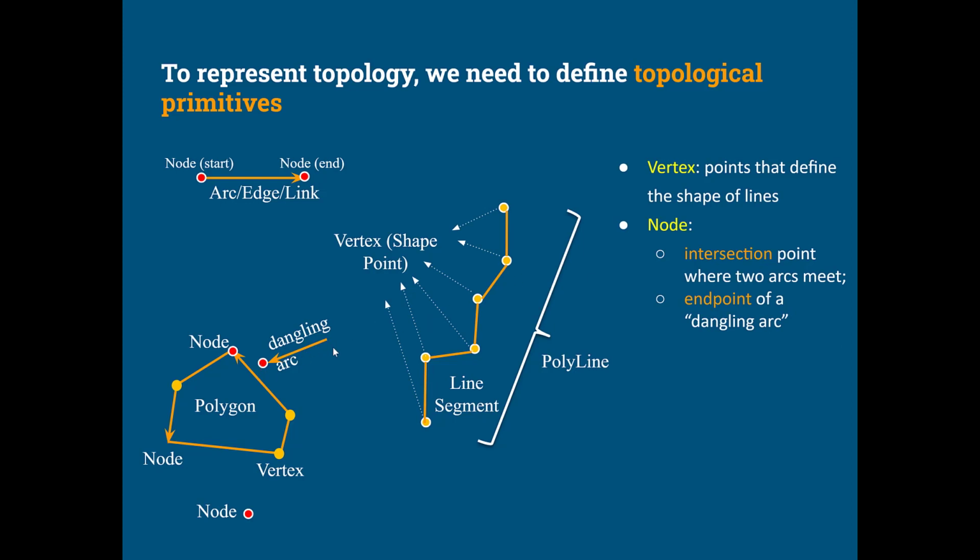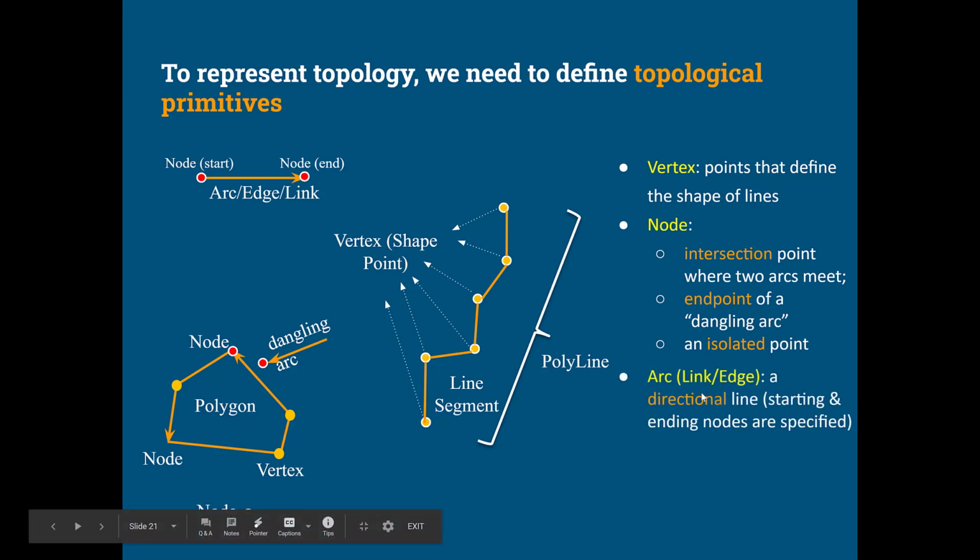For example, this is a line segment, an arc, and it stops here, just like the Santa Monica Pier. A node can also be an isolated point, like a well or a house in the middle of nowhere. So a node is a special vertex with geographic meaning.